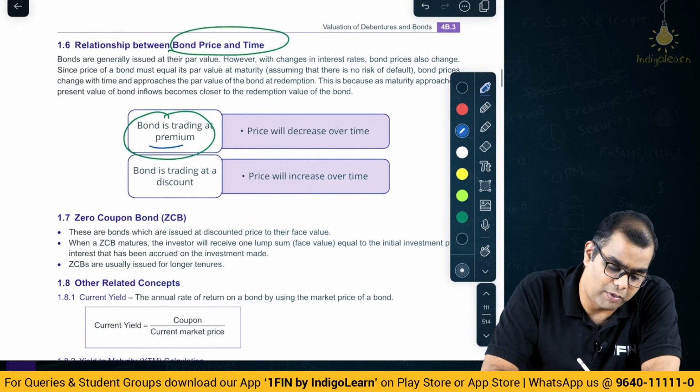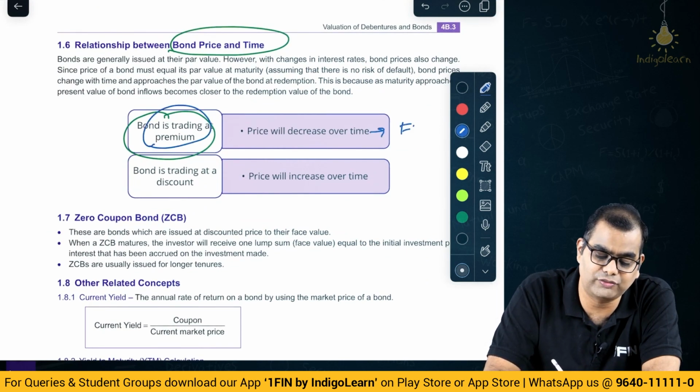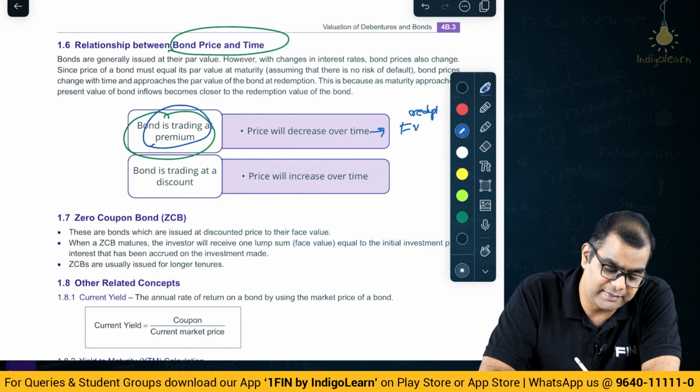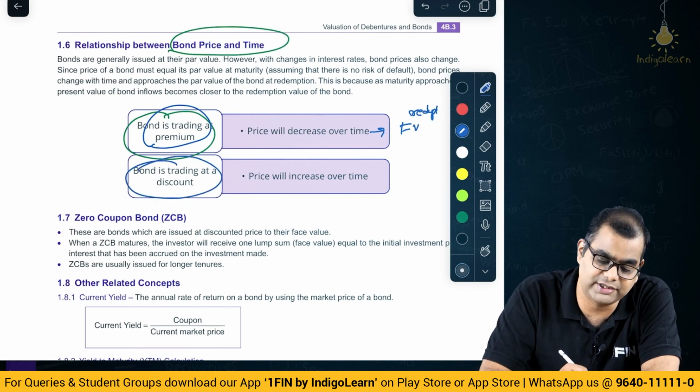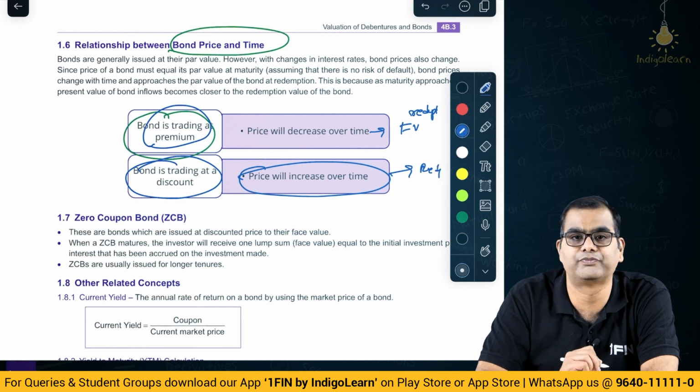So, if bond is trading at a premium, its price will decrease over time to face value or redemption value. I am assuming redemption and face are same, it is a plain vanilla bond. Same logic applies. If bond is trading at a discount, price will increase over time till redemption value.